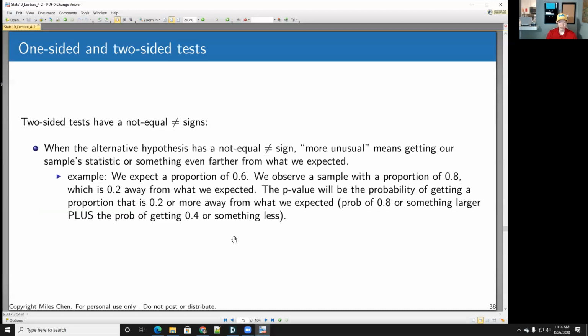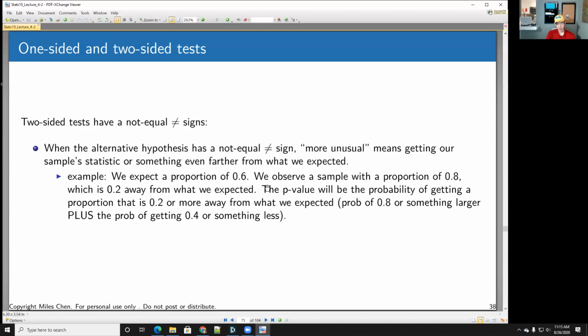The not equal sign includes more unusual on the greater than side and more unusual on the less than side as well. Continuing this scenario where we're expecting a proportion of 60%, and our sample proportion ends up being 80%, we say 0.8 is 0.2, or 20%, away from what we expected.